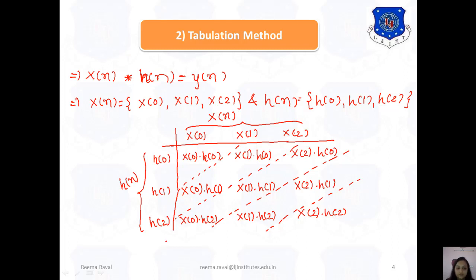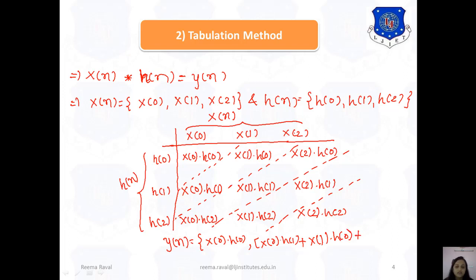So now the output function will be given as y of n, which equals first, x of 0 into h of 0. The second value will be the addition of these two values, that means x of 0 into h of 1 plus x of 1 into h of 0.